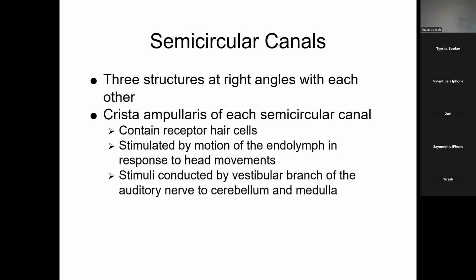So your body's using these angles that these semicircular canals are positioned at. It's using those angles, your receptor hair cells, and that motion of that endolymph fluid so that when your body moves, you don't feel dizzy or off balance.